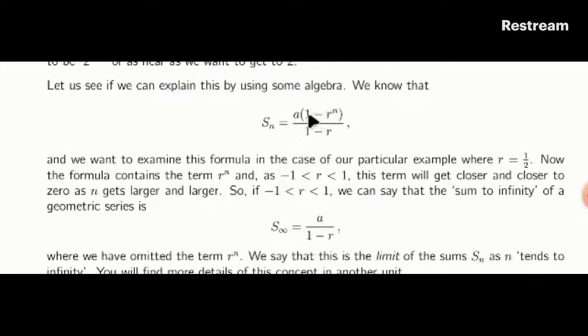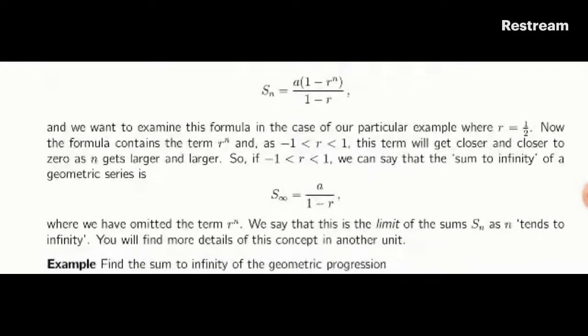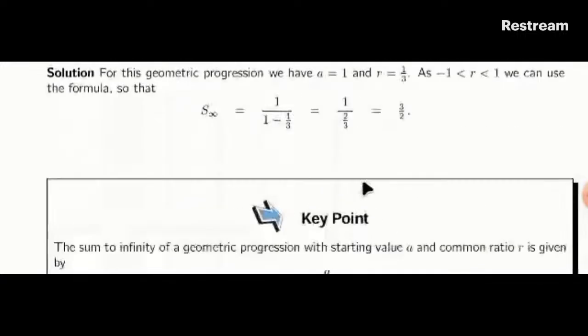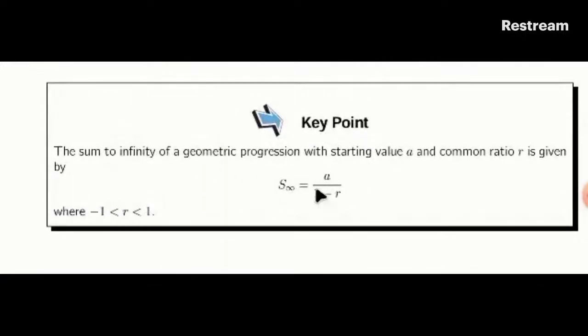Because this term goes closer and closer to 0, we omit the term r to the power n, and we say that this is the limit of the sum of n. So when you take n to a very large number, this exponential will disappear, because as n gets larger, the term gets smaller. So that's the concept of sum to infinity.